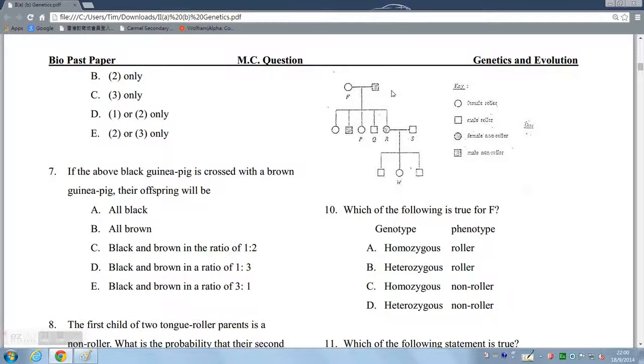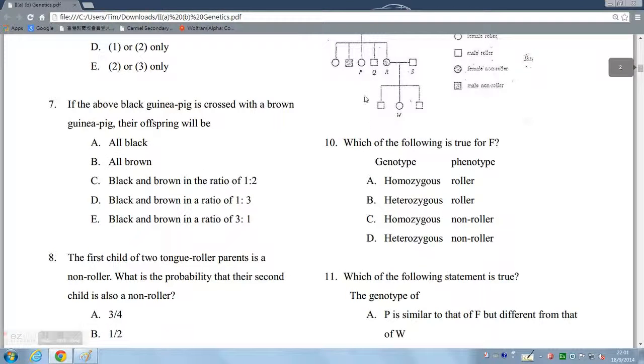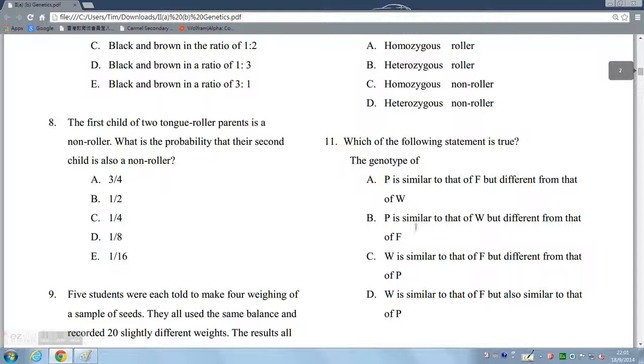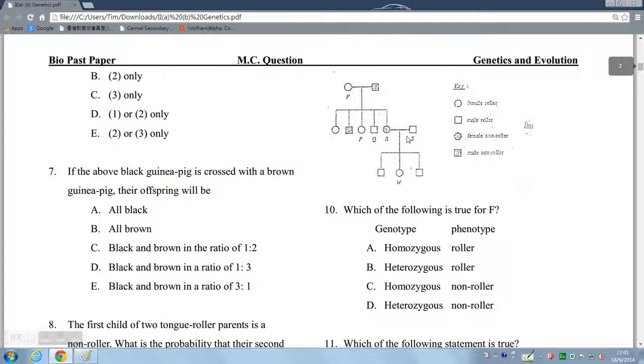And since she has a father who is a non-roller, this male non-roller must have passed one recessive allele of non-rolling to this daughter, meaning that this daughter has both a dominant allele for rolling and a recessive allele for non-rolling. So this makes P heterozygous dominant.